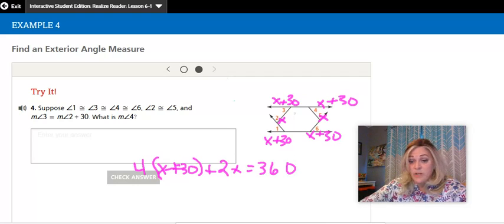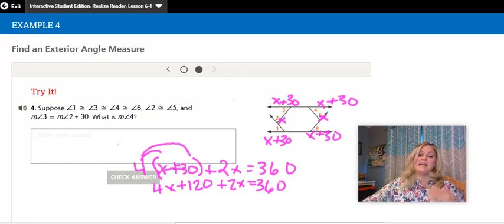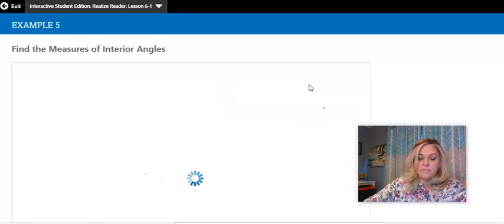That's one way you could do it. Or you could just say x plus 30, x plus 30, and add all the way around. Either way, it should equal 360. So distribute: 4x plus 120 plus 2x equals 360. I'm hoping you can go from there, figure out what x is, and then plug it back in to angle 4 right here. So your answer, plus 30.